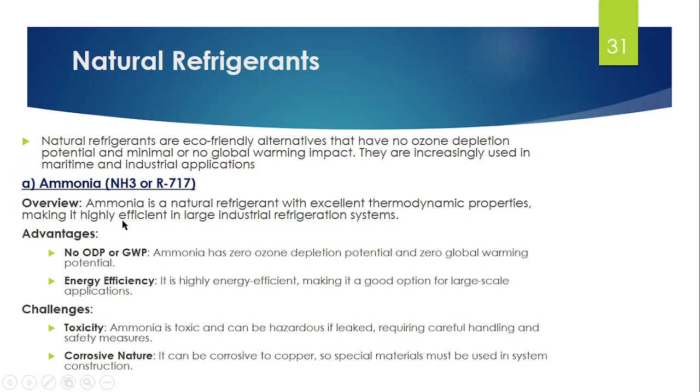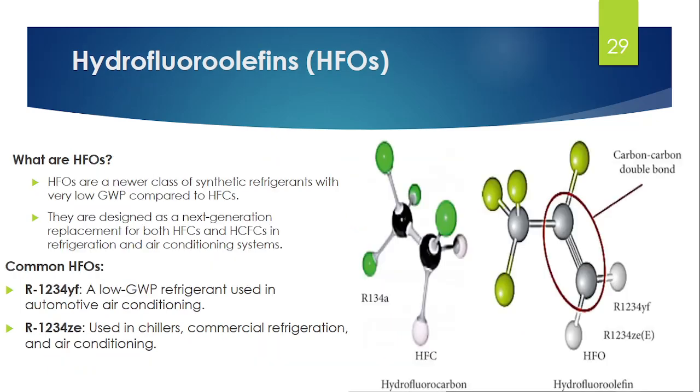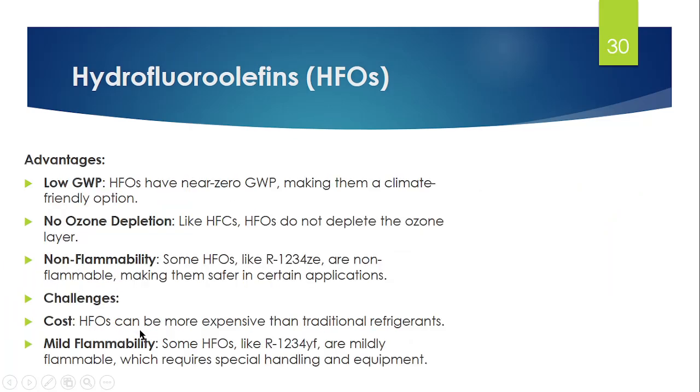And the hydrofluoroolefin, which is used basically in ships and is replacing most of the hydrofluorocarbon used in ships, is now in use, and it has a problem of mild flammability and also cost, because the cost of operation is a little bit high.